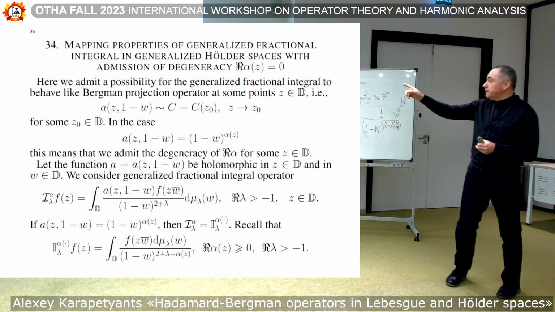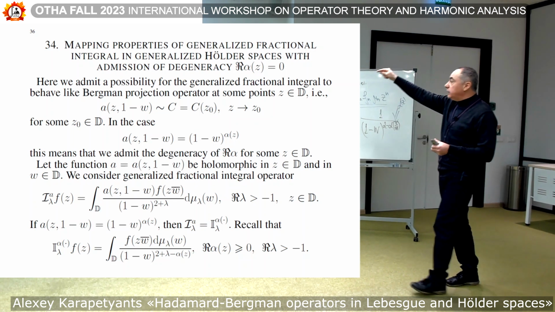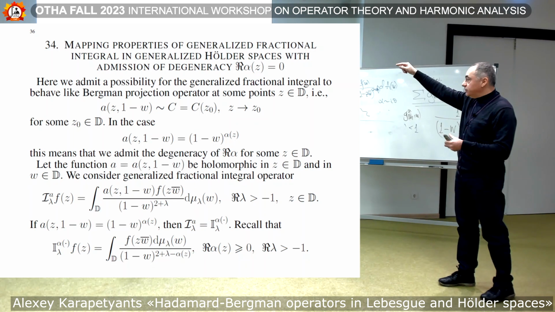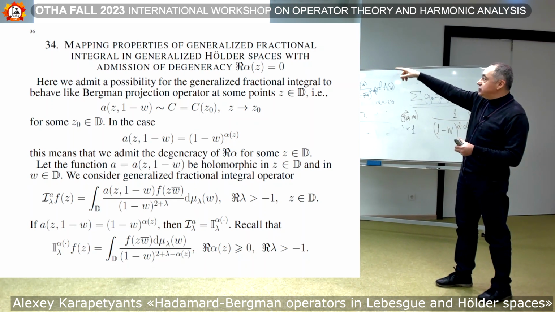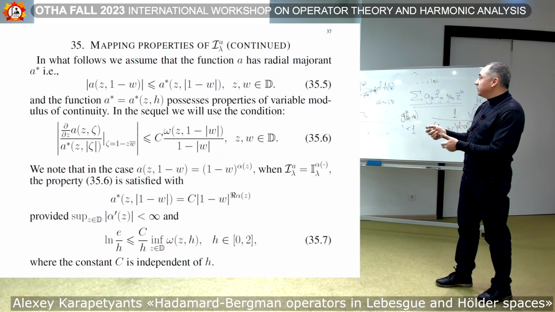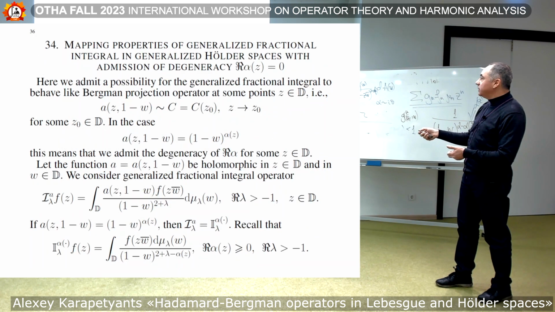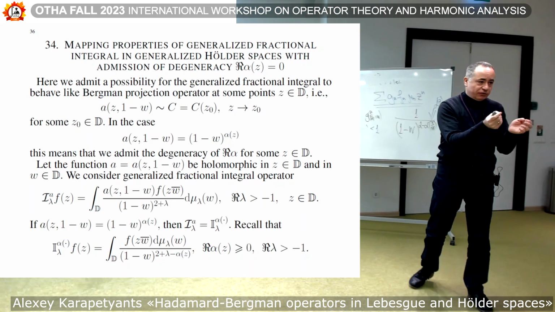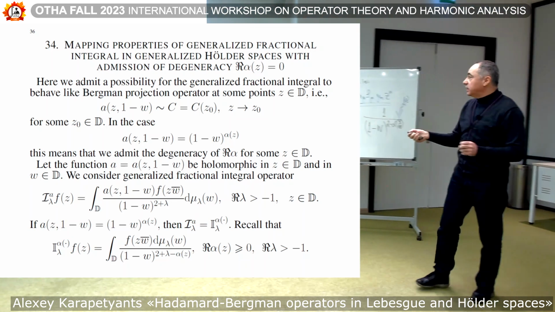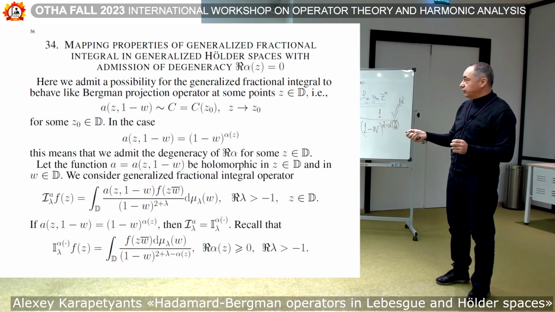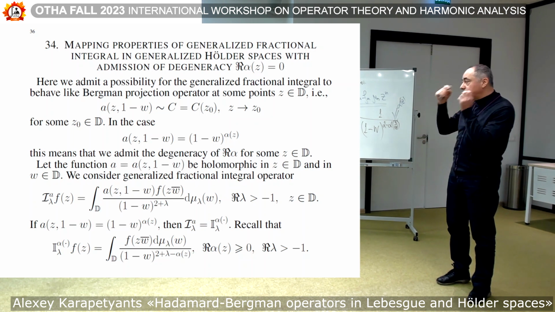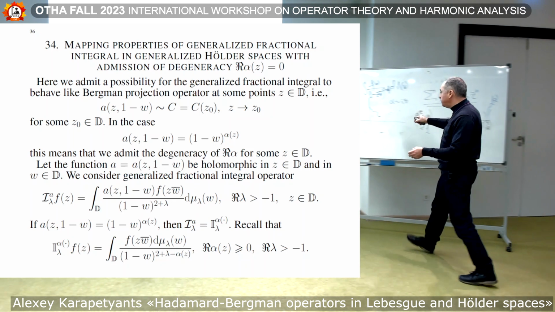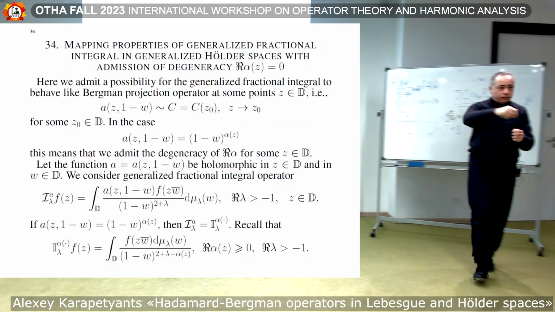In the first case, we allow degeneracy. This means that we allow alpha to be a function alpha(z). I don't care about the imaginary part of alpha, right? It's clear. I care only about the real part of alpha. Okay, so in this case, I allow the real part of alpha to also be 0 at some point z, not at all points.